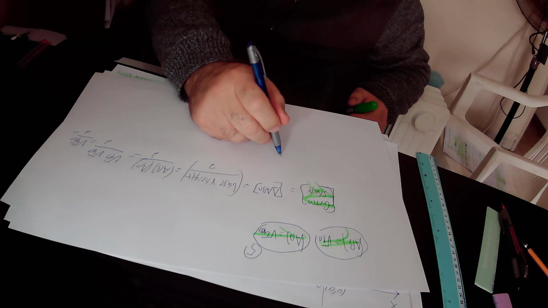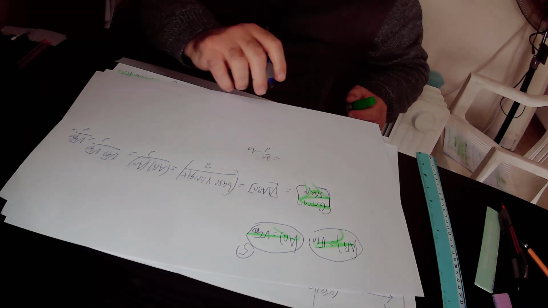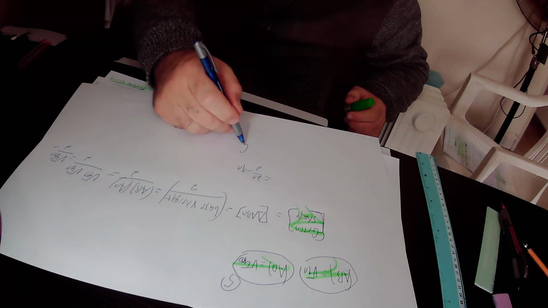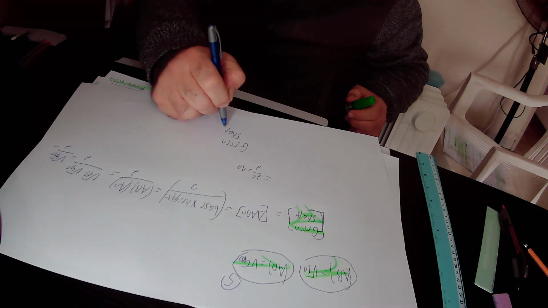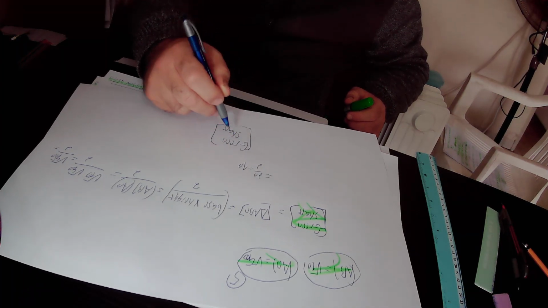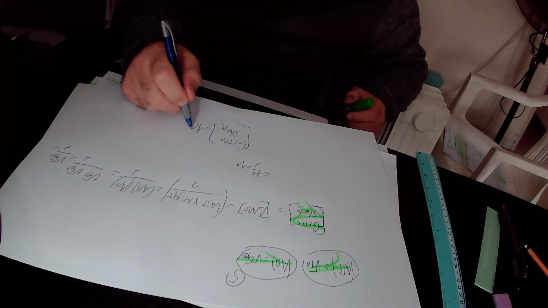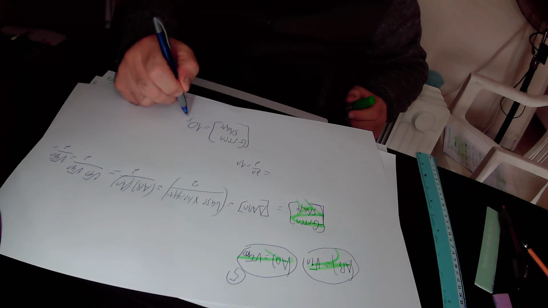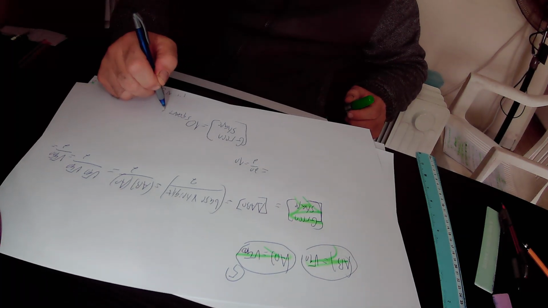The square root of 400 is 20 and 20 over 2 is 10. So the area of the green shape, that is the area that we are looking for in this question, is equal to 10 square units in its size, according to the first method.